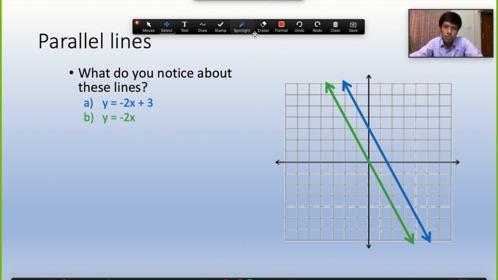Now I'm talking about the application. Suppose I ask you this question: y equals 3x plus 5. This is the equation.